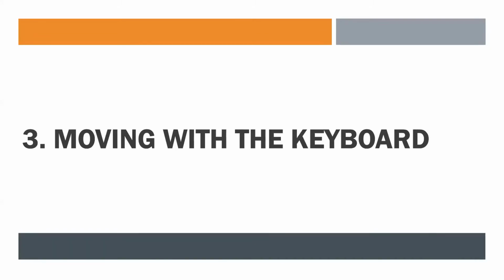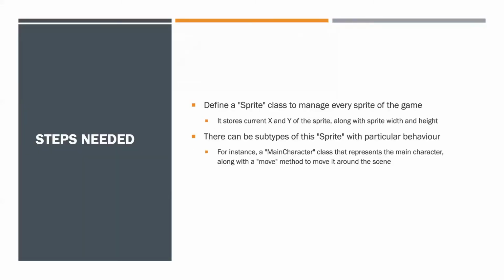But what if we need to move our bear or any image in the scene? We can use the keyboard, for instance, to press the left or right arrows and then make a specified image move in this direction. But then we need to store some additional information along with an image.